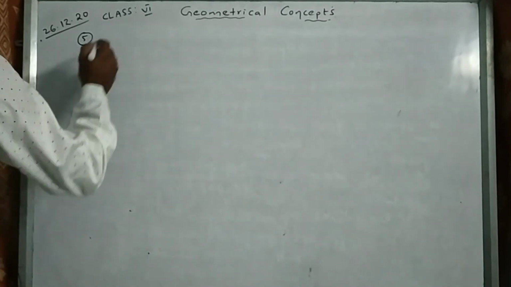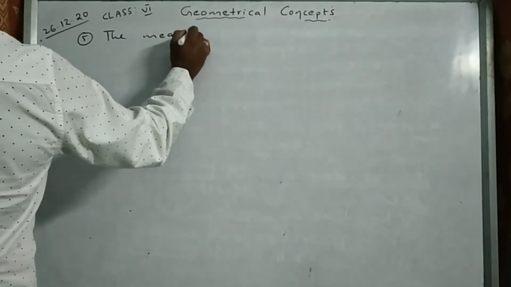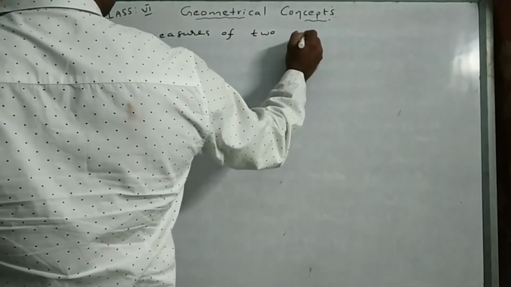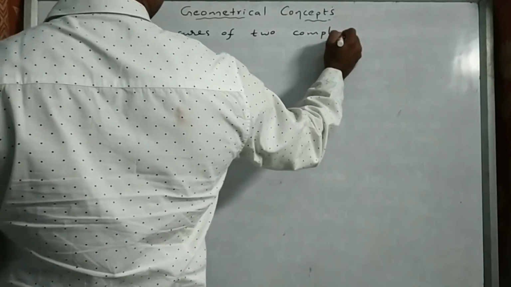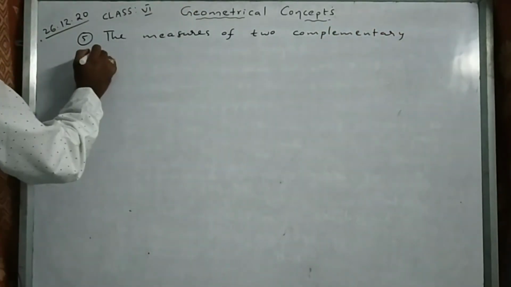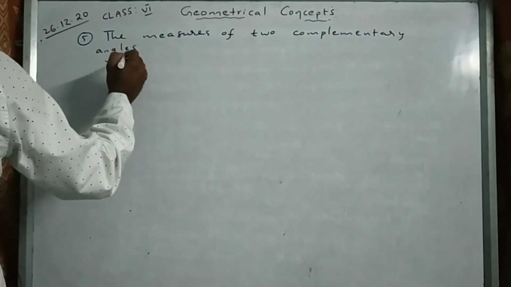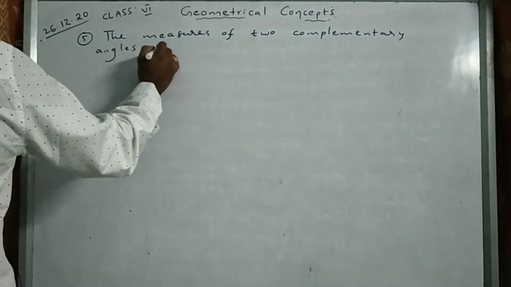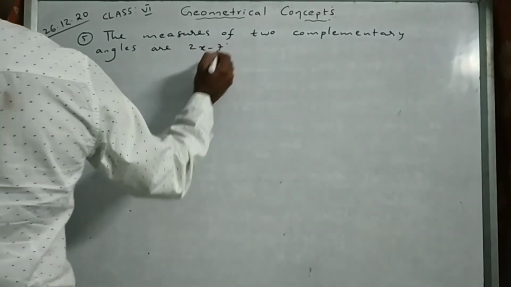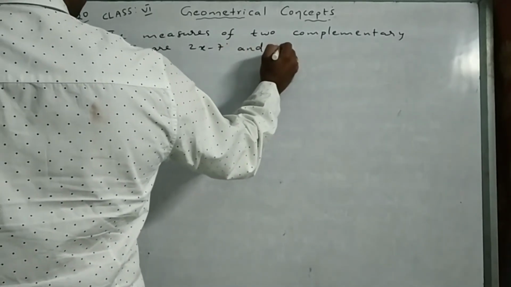The measures of two complementary angles are 2x minus 7 and x plus 4.